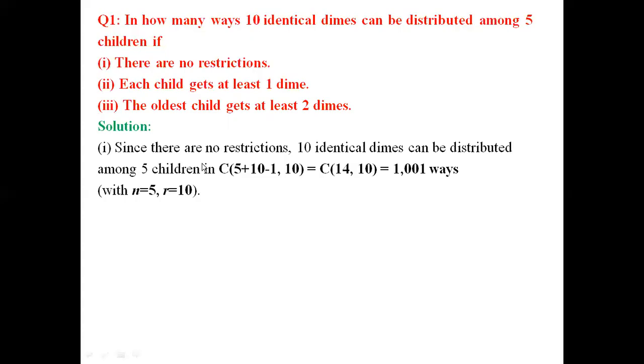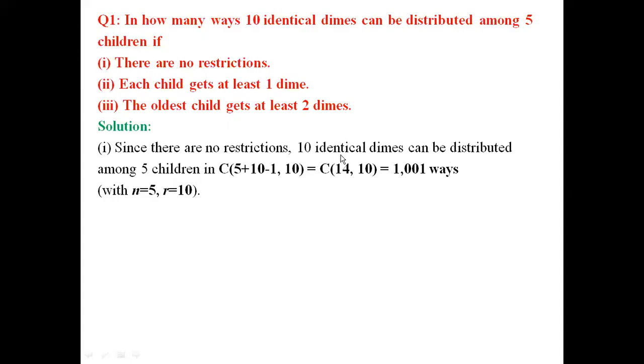Since there are no restrictions in the first case, 10 identical dimes can be distributed among 5 children in C of 5 plus 10 minus 1 comma 10 ways. This is of the form C of n plus R minus 1 comma R. We are distributing the 10 identical dimes, so R is equal to 10.